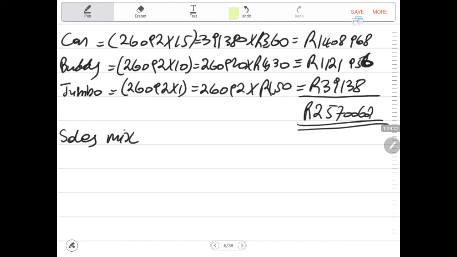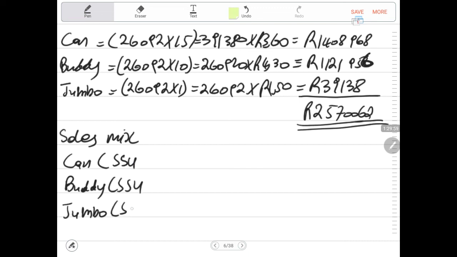I don't deal with formulas most of the time, but I will just show you and tell you what the formula says. Then we have jumbo. Remember, we're only doing one, but I'll be doing all three of them. We have standard sales units, or standard sales mix if you want to call it that.